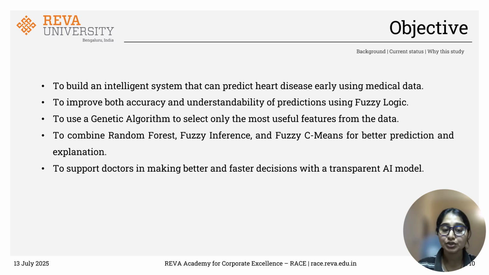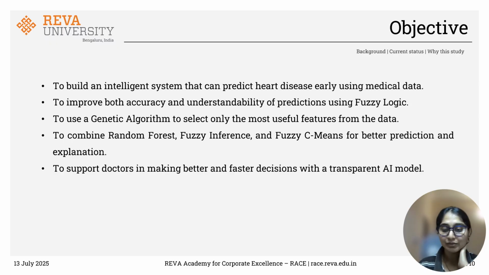Third, to use a genetic algorithm for selecting the most meaningful features. Fourth, to combine random forest, fuzzy inference, and fuzzy C-means for improved explanation and prediction. And finally, to help doctors make better and faster decisions using a transparent AI model.